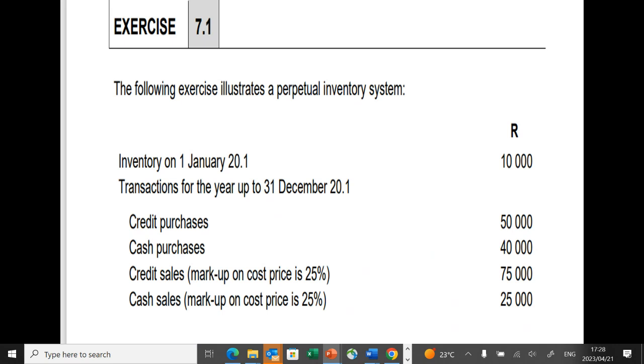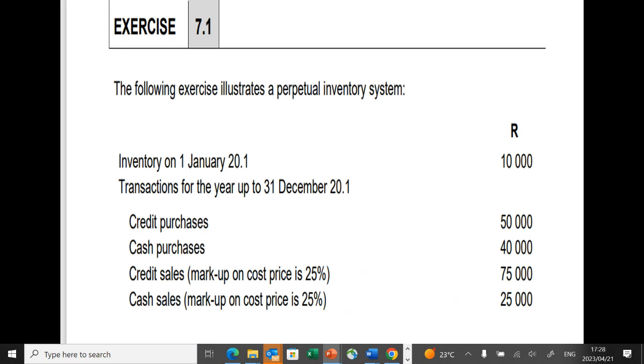So they are telling you that we have credit sales of 75,000 Rand, but for you to determine the cost price, what you will then need to do is that 75,000 is reflecting what? It's equivalent to 125%.